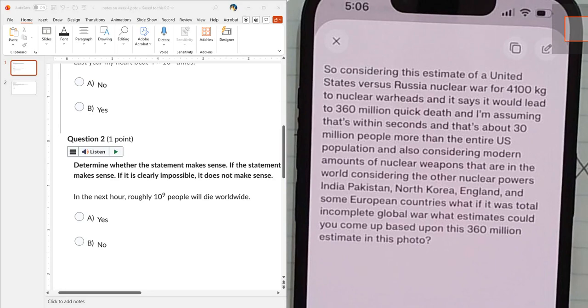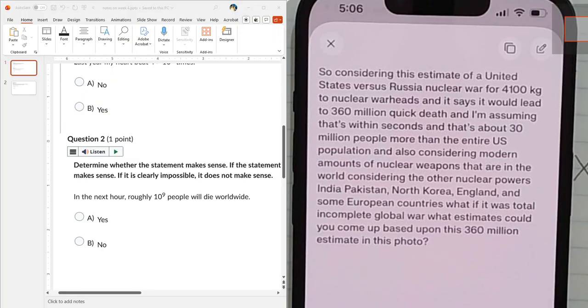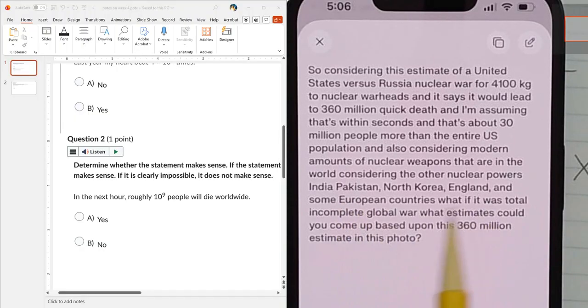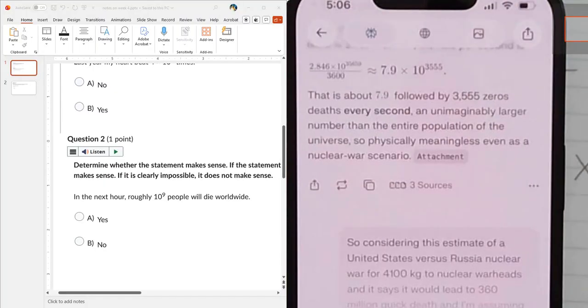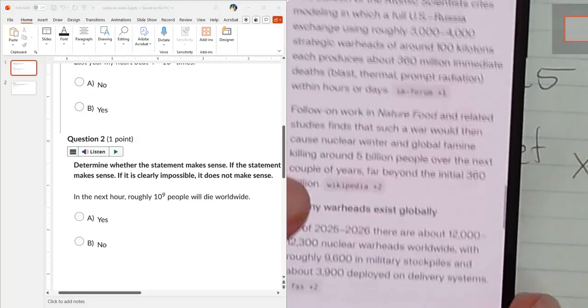Basically, okay, that was based upon U.S. versus Russia with that size weapons, 4,000 of them, and I also threw in, okay, what about the other nuclear powers of the world? What estimate could it come up with here? So I thought, oh, it probably should be larger now. But anyway, here's what it comes up with.